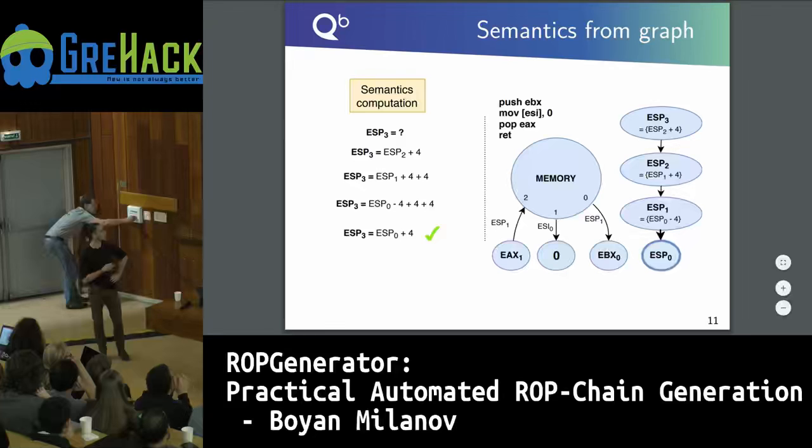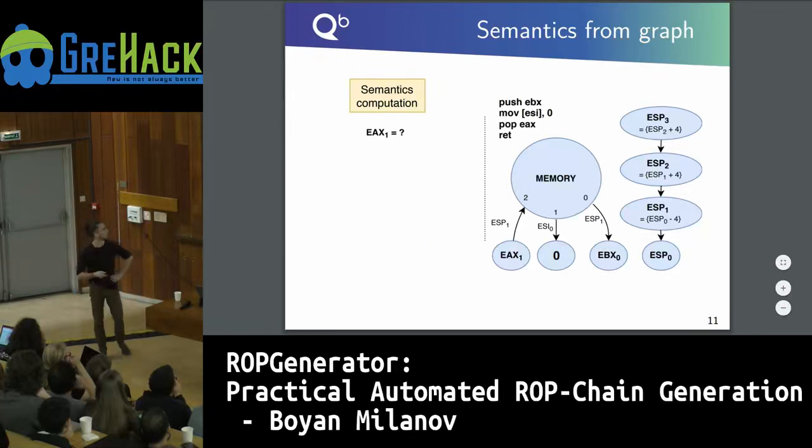Let's take an example on EAX, because it depends on memory, so it's a little bit more complicated. You can see in the graph, EAX is equal to memory at address ESP1. This comes from the pop EAX instruction. And what is memory at address ESP1? Well, we will check all the dependency arcs of memory, so the previous write operations in memory.